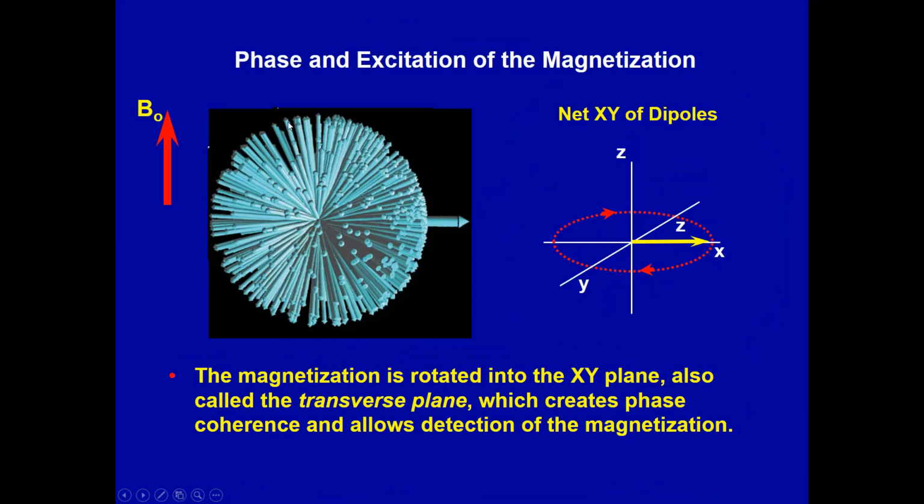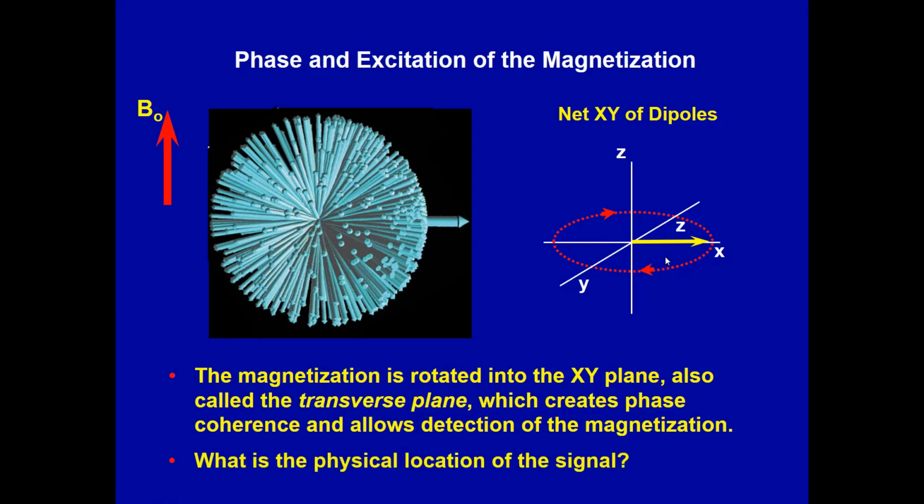We detect that by rotating the net magnetization into the XY plane using a radio frequency magnetic field called B1. Here on the right, you see the net magnetization vector is in the XY plane. And as long as that persists, we can detect the magnetization precessing there.